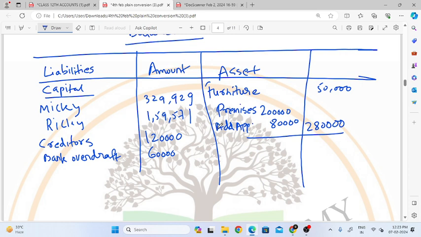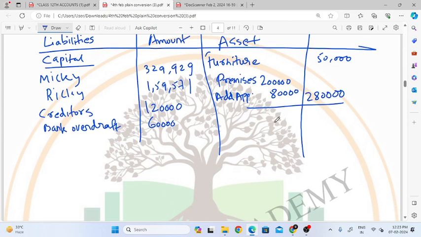Now what is left is the patents. Okay, machinery is left, and also we took with regards to patents, furniture, premises. Then machinery is depreciated.